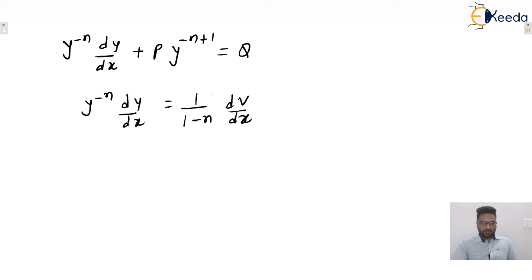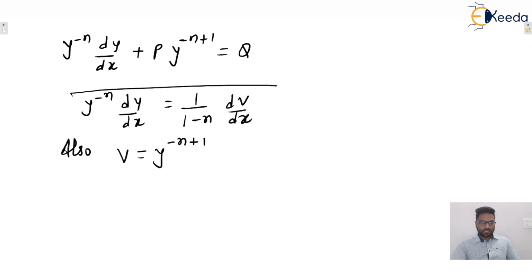So this equation becomes, and we also assumed v equals to y raised to power minus n plus 1. So put these two values in equation 2.